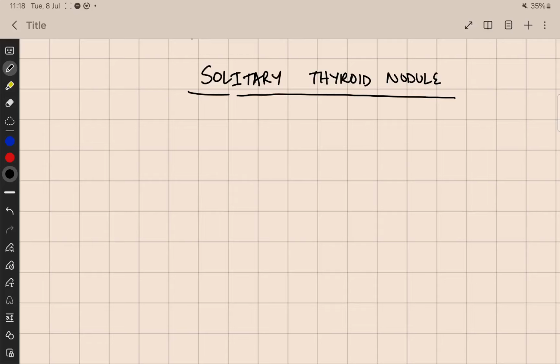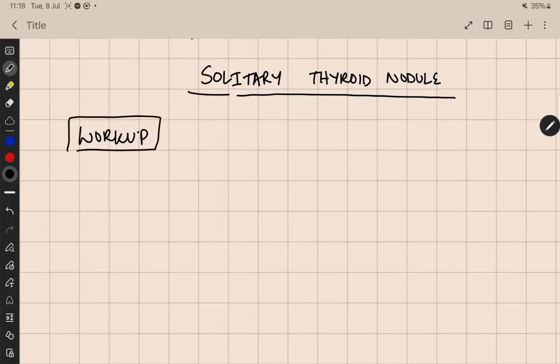In that case, there will be weight loss, heat intolerance, oligomenorrhea and other features. While hypothyroidism will present as symptoms of low basal metabolic rate, so there will be weight gain with normal appetite, depression, and polymenorrhea. So we have to work up any case of solitary thyroid nodule.